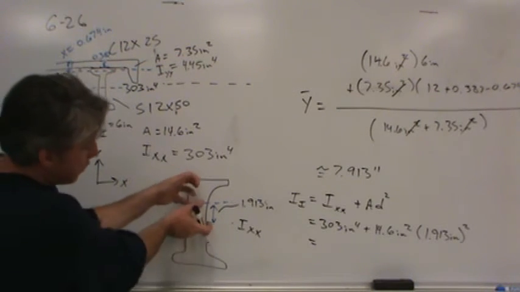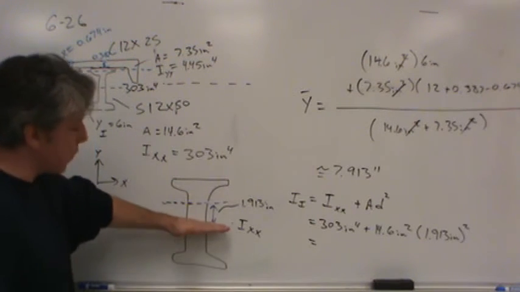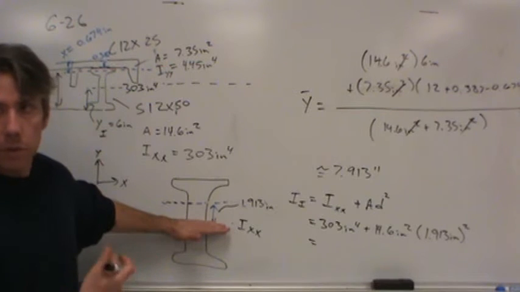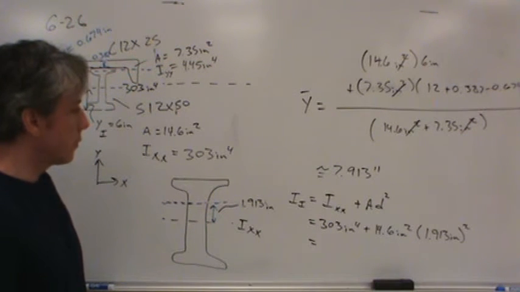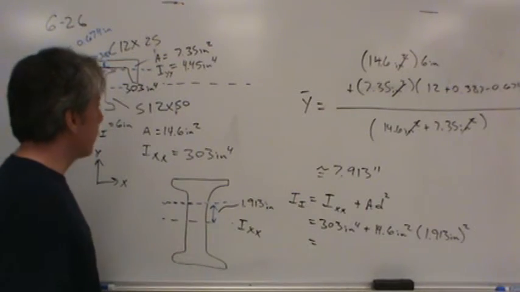Because the way the area is distributed about this axis is different than the way the area is distributed about the original centroidal axis. Okay? Plug that in if you would and let me know what you get.